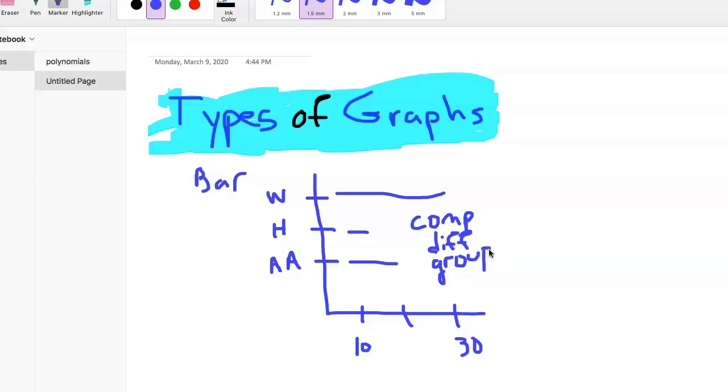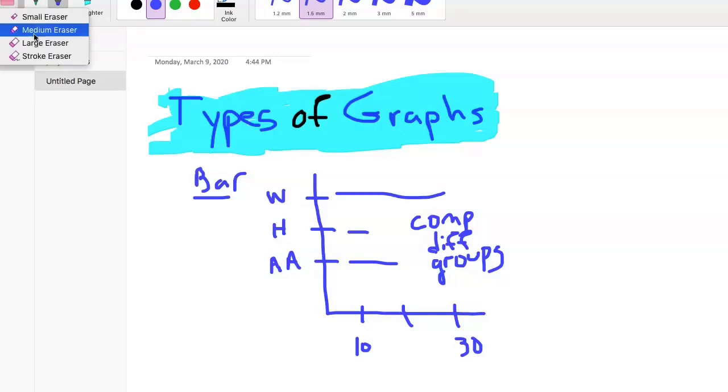This part right here where I've written in, right, where it's bar graph, compare different groups. That's the key point that you want to know, right? So we'll go through an example of each as far as how that actually works, but that's the big takeaway. We're doing bar graphs, we're comparing different groups.